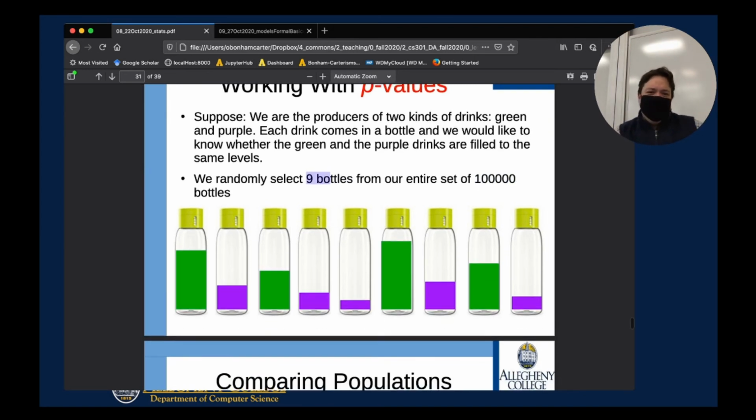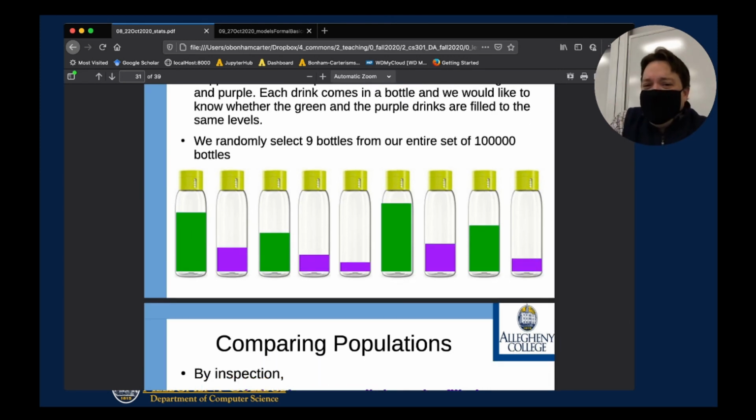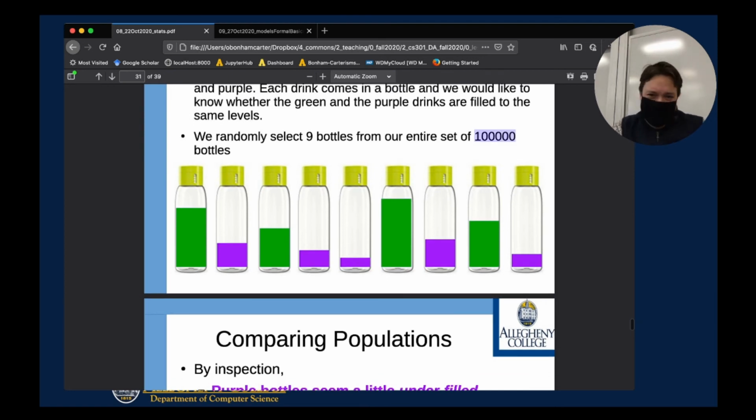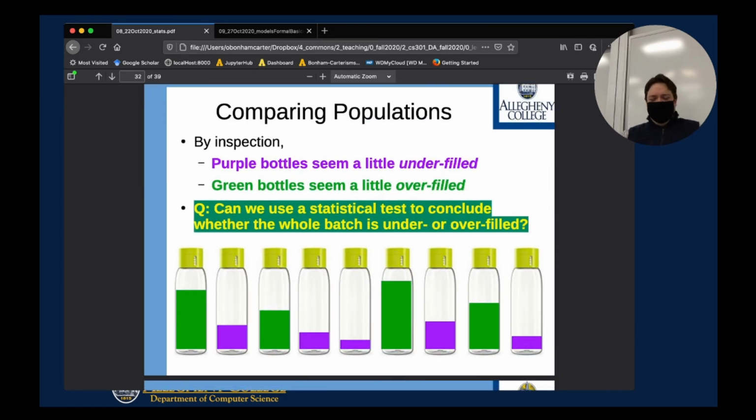And so now we're going to look at those 9 bottles, and if we find any difference between the amount of green liquid and the amount of purple liquid in that sample set, then we're going to say that that difference must also present itself in these 100,000 bottles. So we have to formalize our work here.